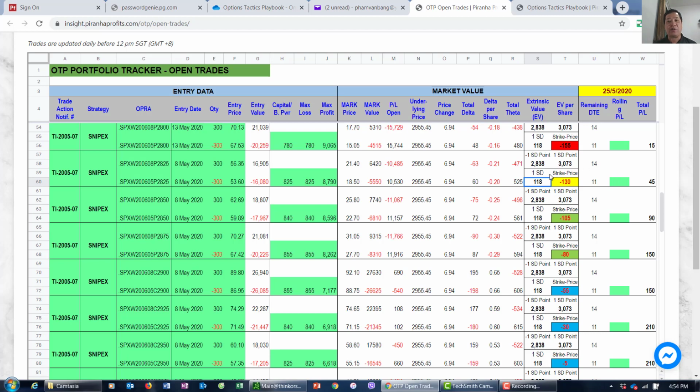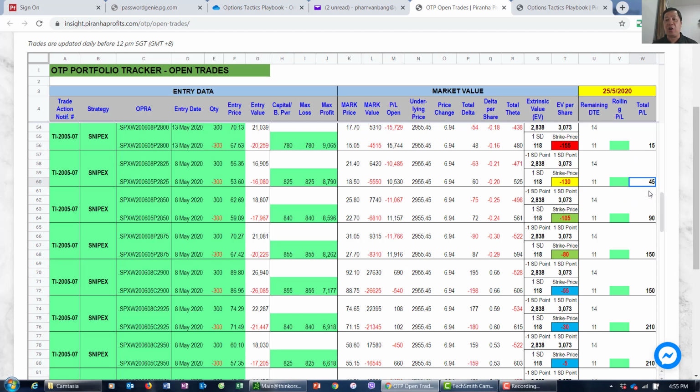Despite the fact that it's already outside the 1SD range, the trade is making some money. Even when the indicator shows a red color, it doesn't mean I lose money, right? I could make money also. It depends on how far I am from the current market price. So in this case, I can close it to take a small profit, but that's fine.